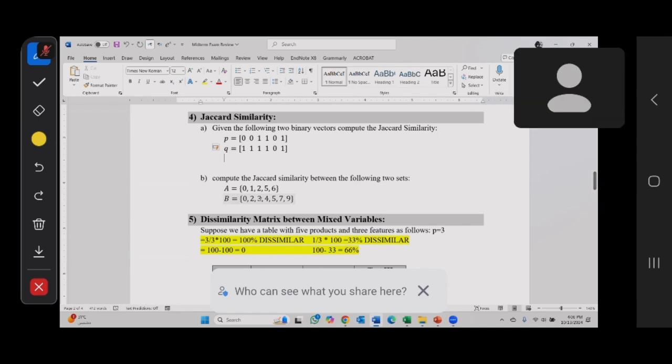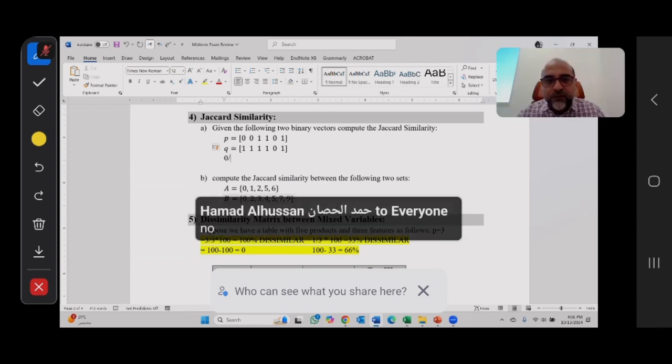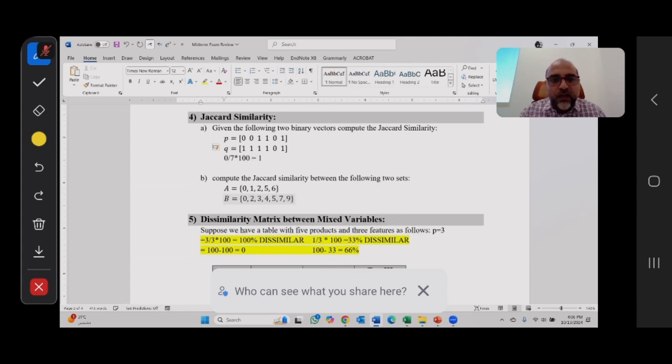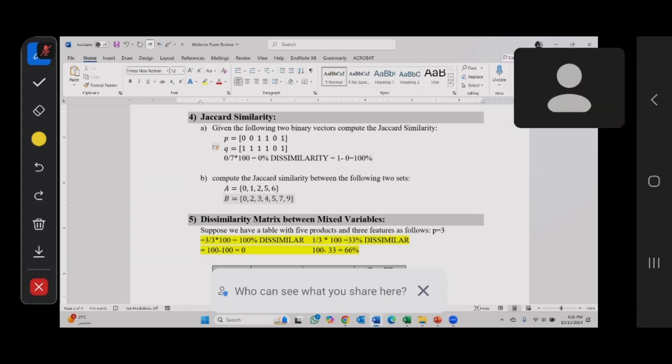So 0 out of 6 into 100, so 0% dissimilarity, which means that the Jaccard coefficient is 1 minus dissimilarity, 1 minus 0, which is 100% similarity. The Jaccard coefficient is 100%.